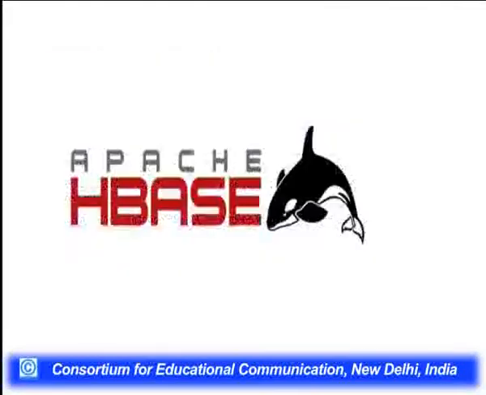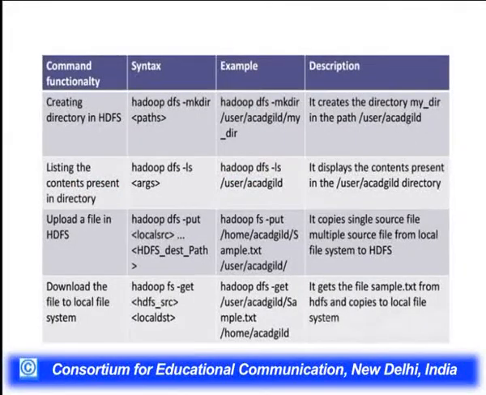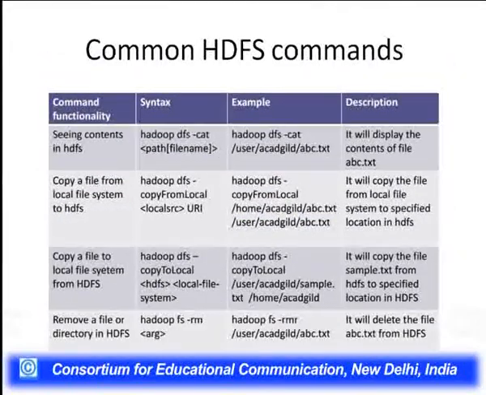Let's have a look at some of the common HDFS commands, so that all of you can have a small hands-on in your systems. One very common command is hadoop dfs -cat. Using this command you can see the content of a particular file which is stored in HDFS.